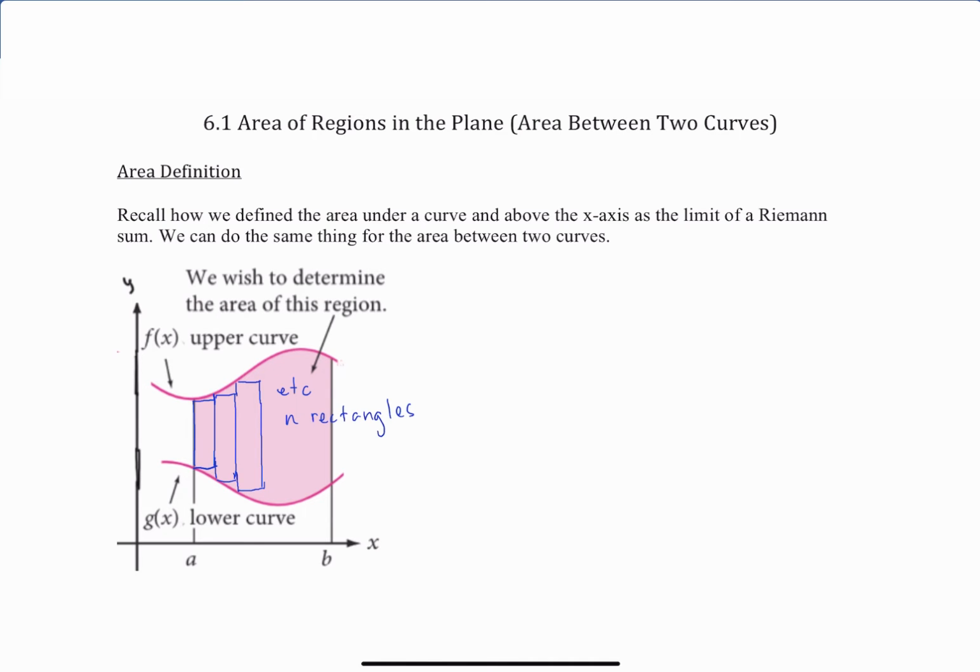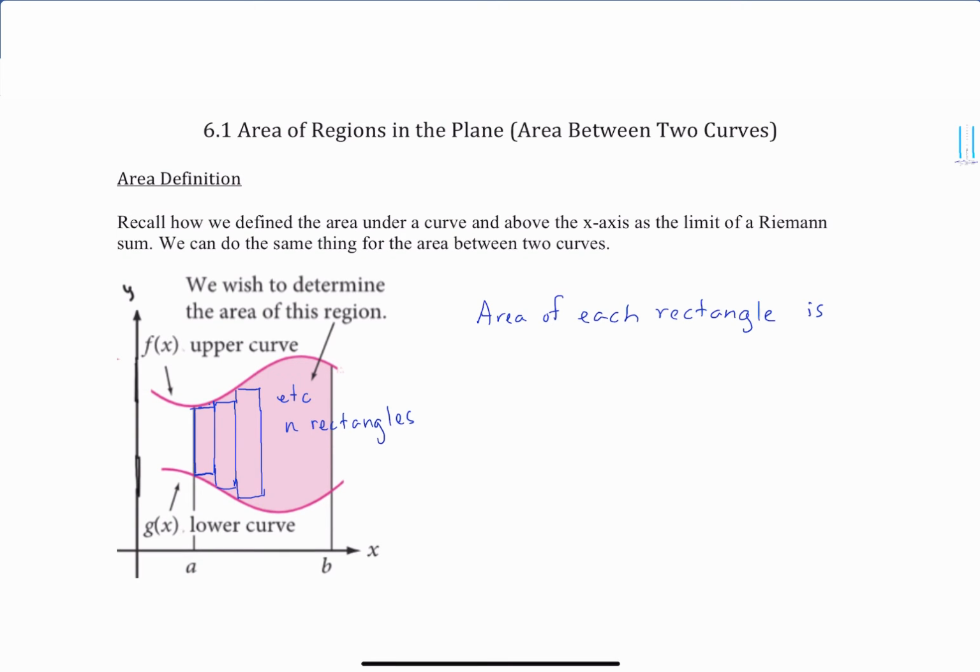Now, what's the area of each rectangle? Let's pick a generic rectangle. I'm going to grab the second one because I can see where it is, but let's think of that as rectangle number i, because I want to be generic here.